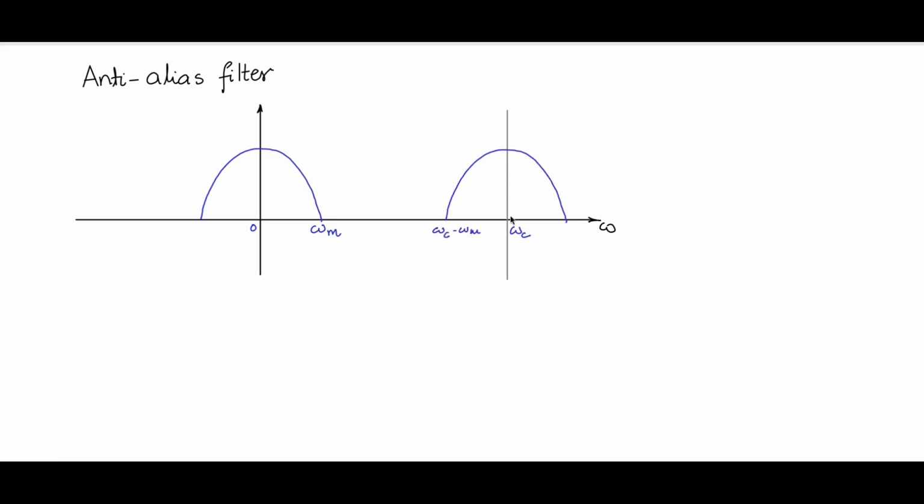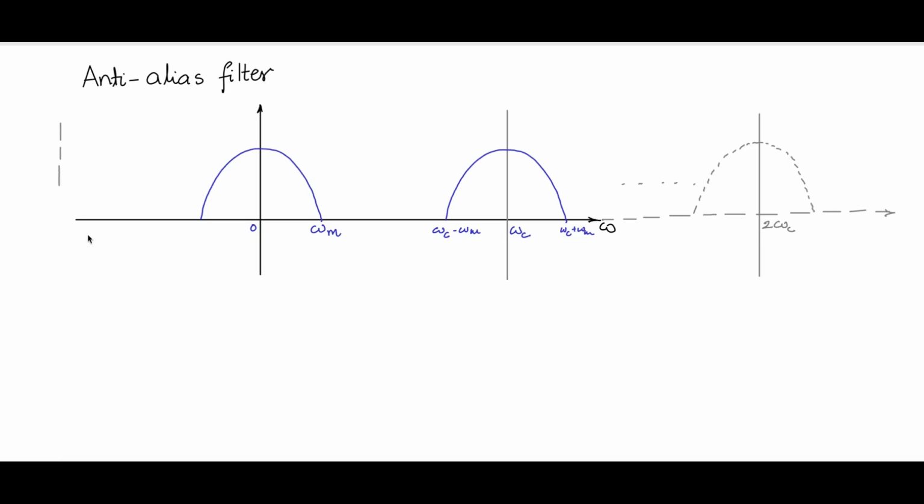So it will come in like this, and you will have side bands which are omega c minus omega m, because this is still omega m on both sides, and omega c plus omega m. And this will happen at every integral value of omega c. So at 2 omega c, there also you will have a duplication of the baseband signal.